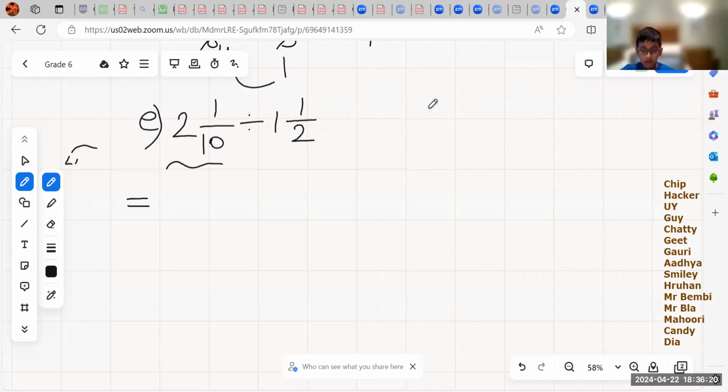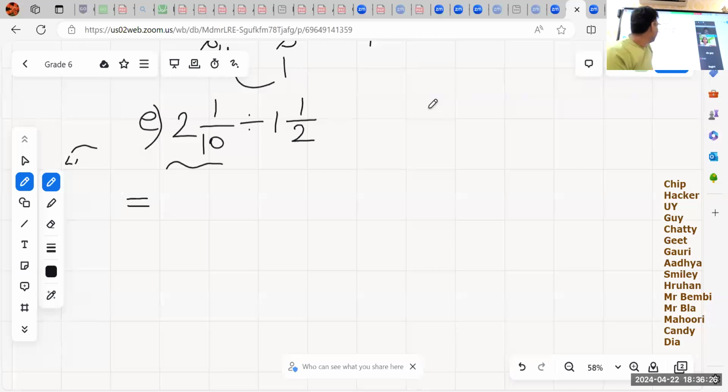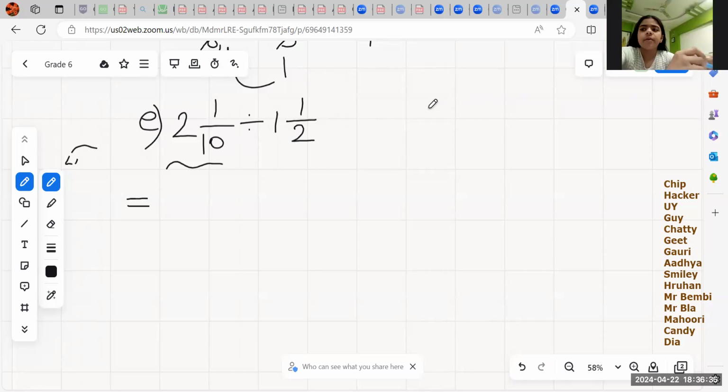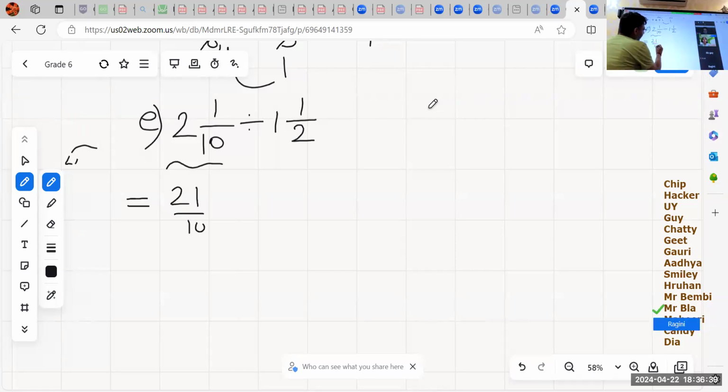Sir, do we have to solve this question? Yes, you have to solve this question. Adya, convert this into improper. What will you get? The first fraction. 21 upon 10. Then convert this into improper. What will you get?